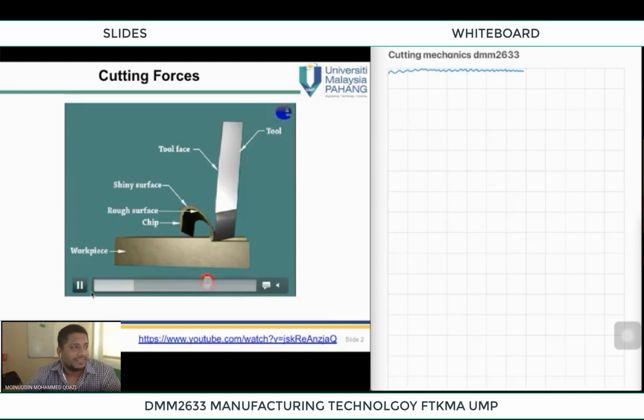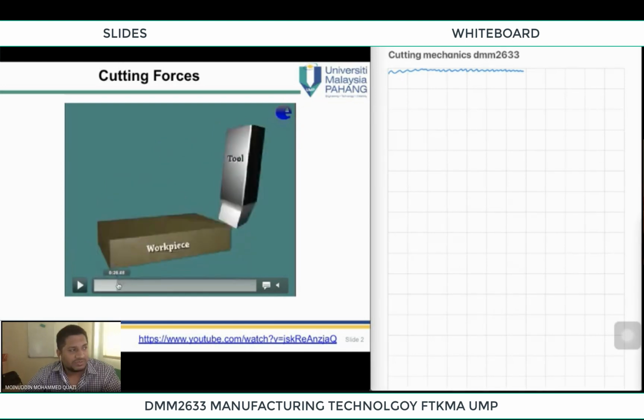Here we have got the workpiece, we have got this tool, and this is the nose end of the tool. This nose end is producing the cutting process. This nose is at a certain depth from the surface of the workpiece. This is the cutting depth, and as it is moving, a continuous chip is produced which is curling down.